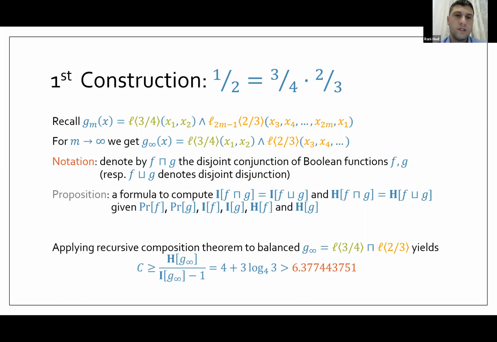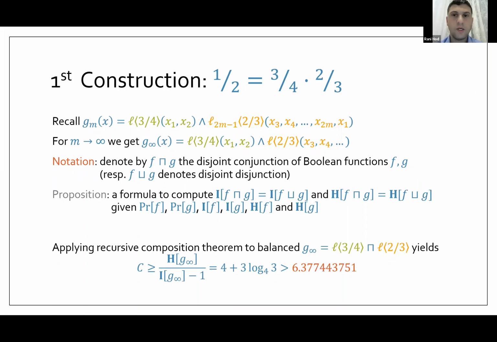So this is a nice construction. You could think, how can we improve it? Maybe we find some other two numbers that we multiply and get 1/2. Remember that at the end we need a balanced function, a function whose support is 1/2 of the size of the entire set, because this is what we want to use in the recursive composition theorem.